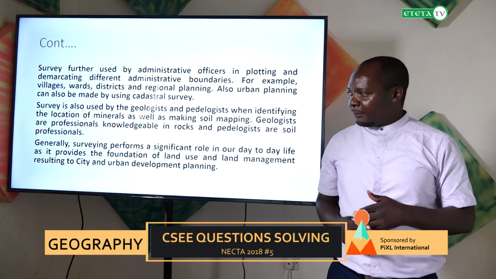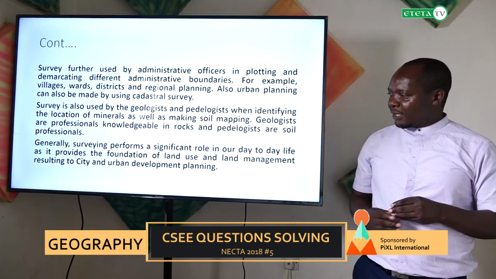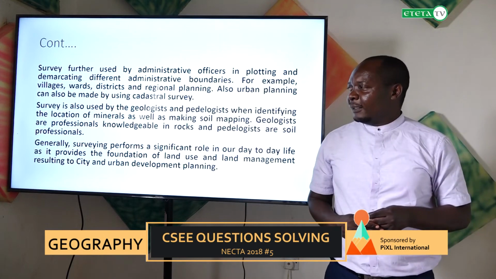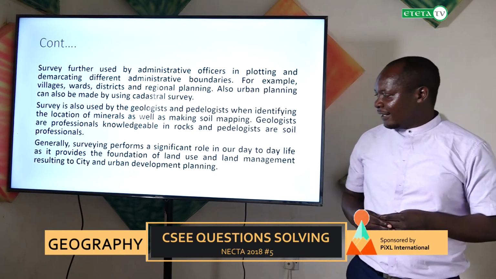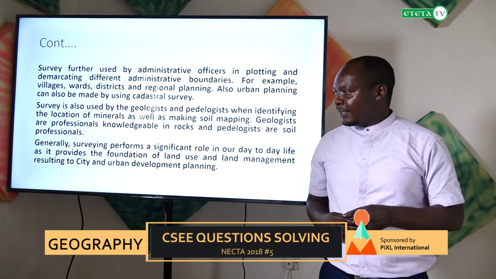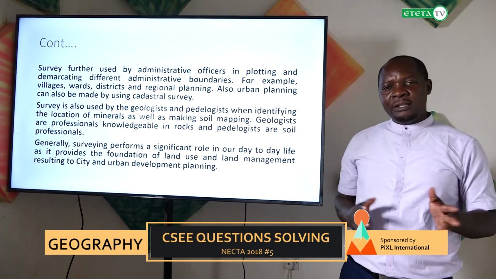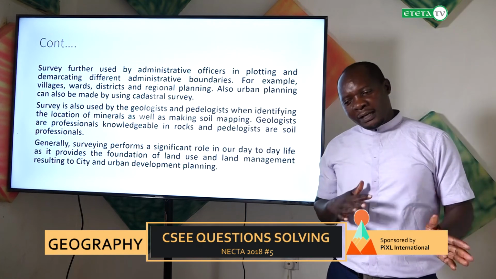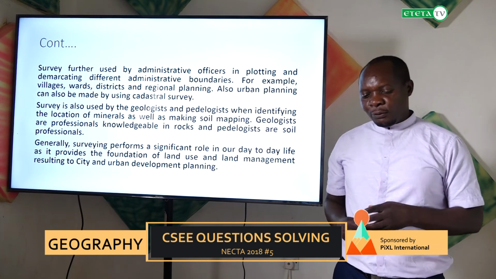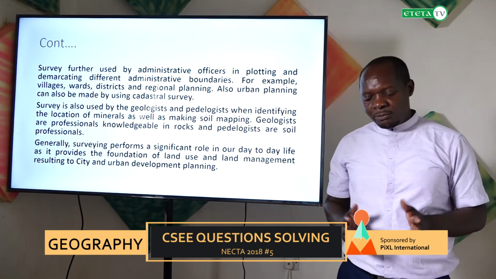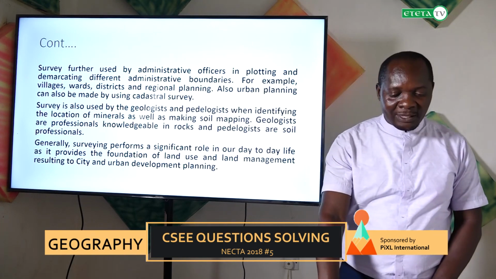The remarks may vary, but for this question, it can be like, surveying performs a significant role in our daily life as it provides the foundations of land use and land management, resulting in city and urban development planning. Because planning for land use and land management is essentially the work of a surveyor. For effective land use and land management, survey has to be conducted in a particular area.